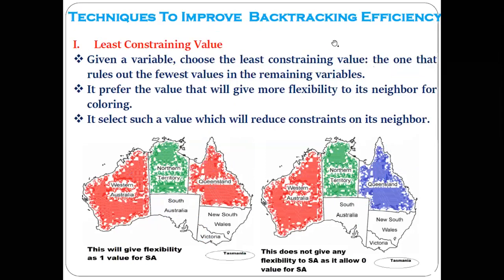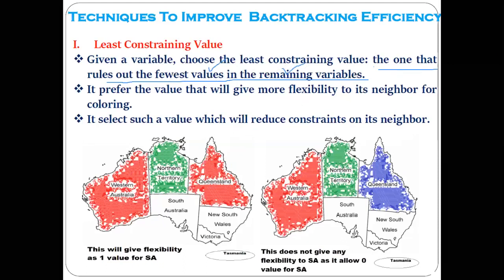What is the meaning of this statement? The one that rules out the fewest values in the remaining variable. That means if you choose the least constraining value, we still have some options remaining, some colors there to choose. Yes or no? That is the meaning of ruling out the fewest values in the remaining variables.